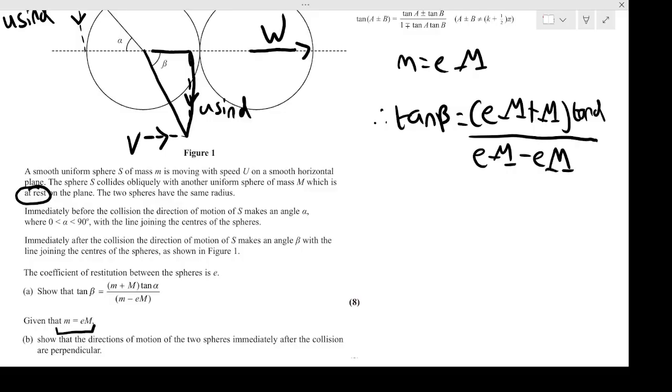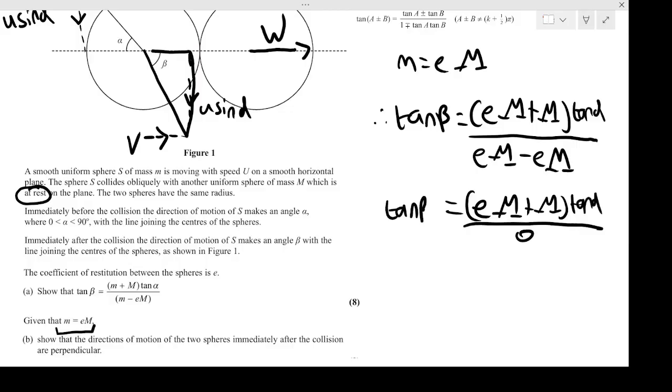Oh, hang on, we've got a big issue here. These will cancel to get me 0. So I'm going to get (eM plus M) tan alpha divided by 0. Oh dear. Can't divide by 0, can we?